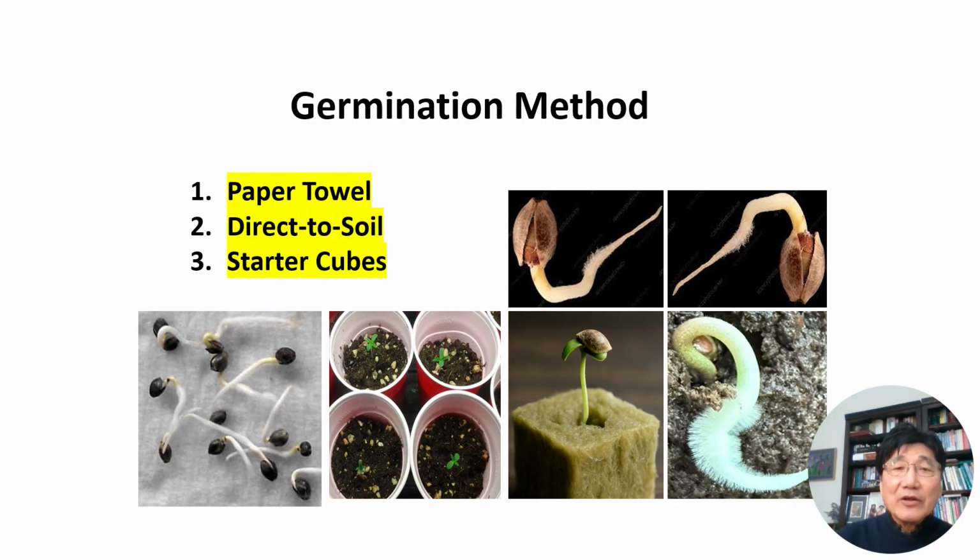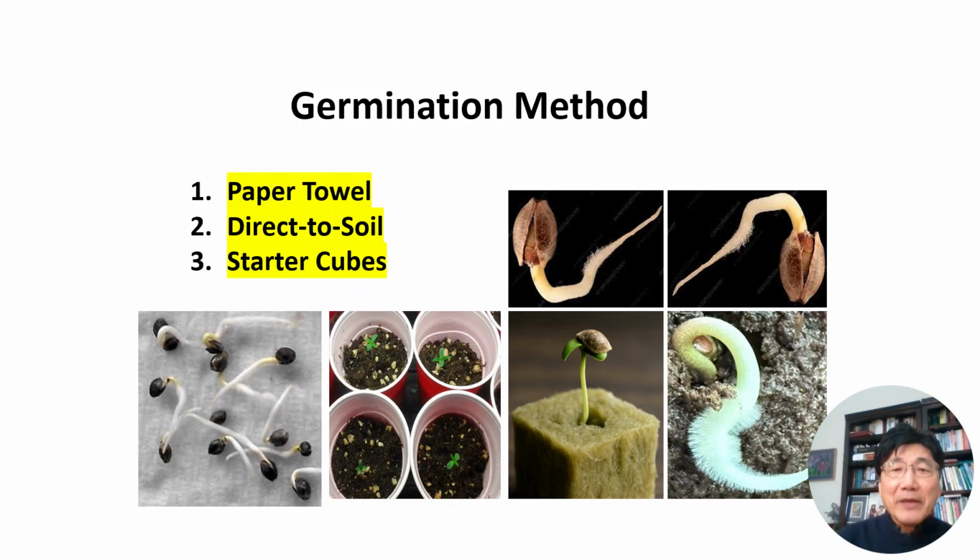Next, I will talk about the germination method. There are usually 3 methods that are commonly used. The paper towel method is the easiest way to germinate the seeds. Wet 2 moist paper towels, making sure they are damp but not soaking.